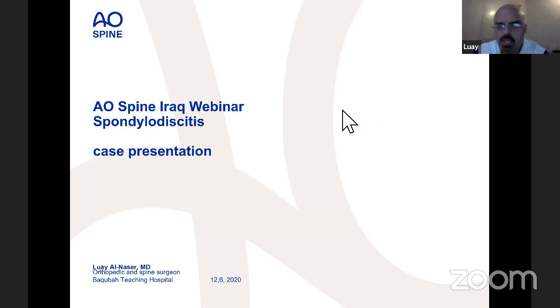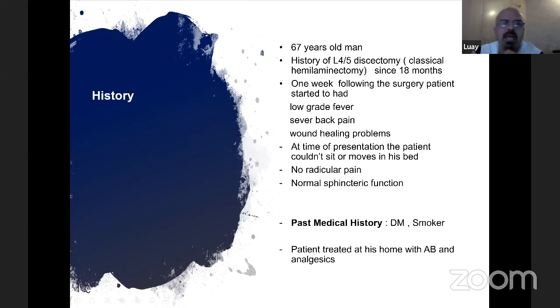I will show you a case of spondylodiscitis. I managed it a few years ago. This is a case of a 67 years old man, who has a history of single level discectomy through a classical hemilaminectomy approach, done somewhere 18 months ago.